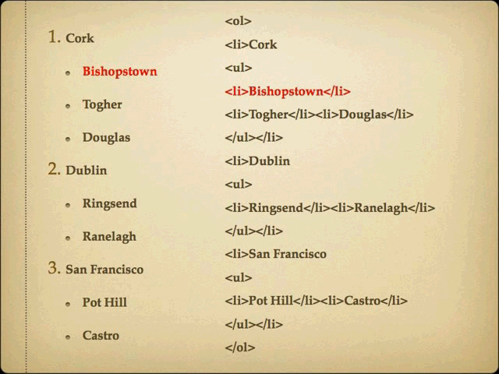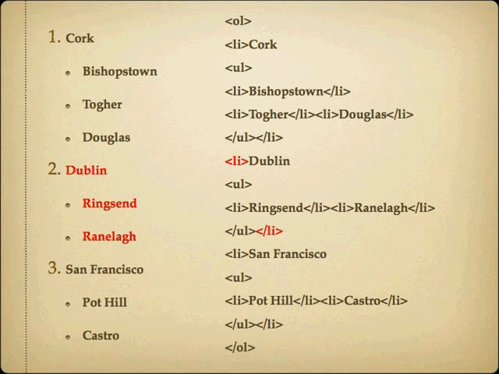We have Bishopstown, Togher and Douglas, all as individual list items that make up the unordered list. And that unordered list is part of the list item that contains Cork. So we finished off Cork and we're going on to the next list item of the ordered list.